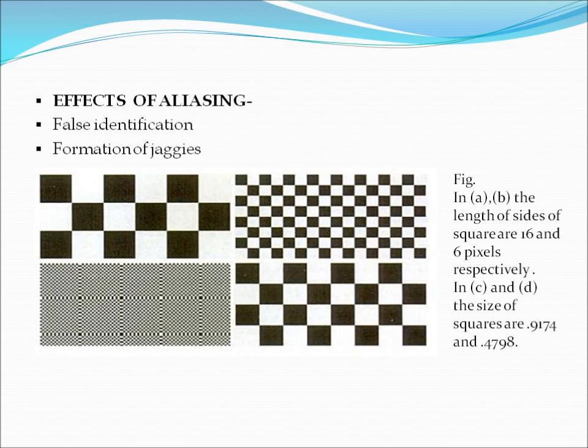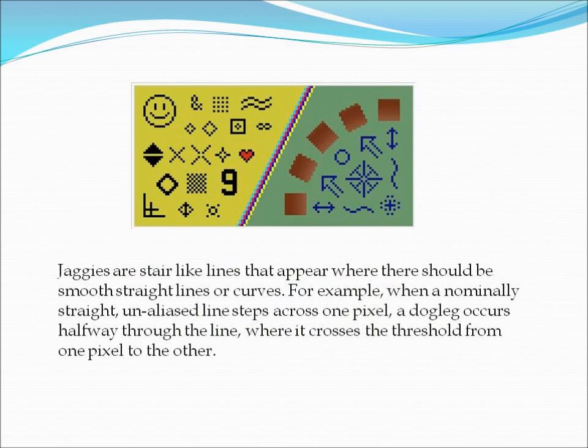In figure C, we can see the effect of aliasing at the edges of the original image. But in figure D, we see the image as if it is the original image, but its actual size is 0.4798. Thus, it is an example of false identification.